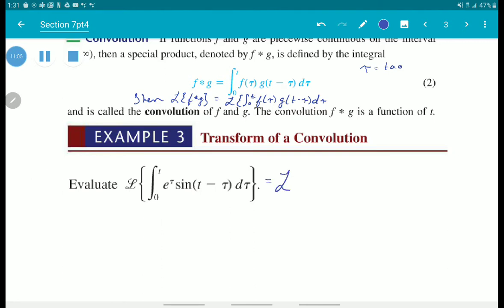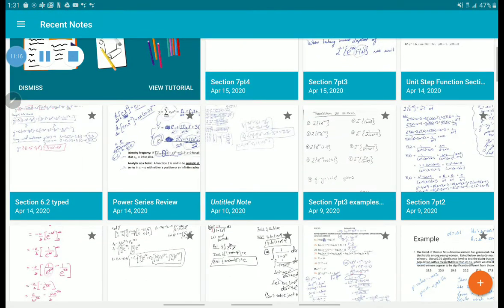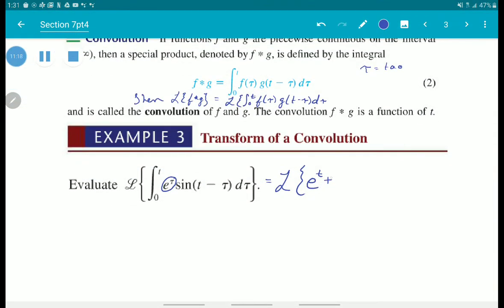So we're taking the Laplace of, our f function is going to come from this. That's going to be e to the t. And we're going to convolute that with our g function, which is simply the sine of t.